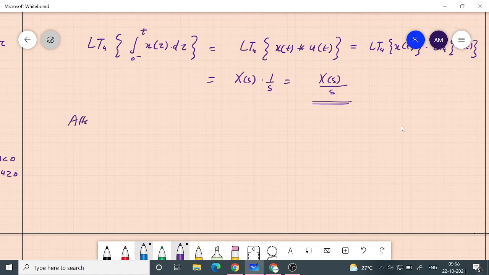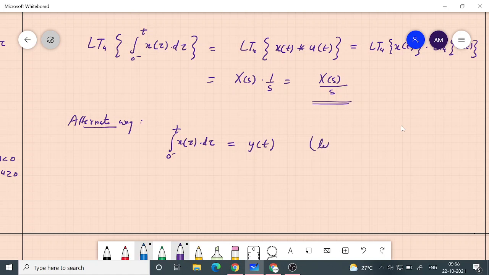Alternate way. Yesterday we had the integral from 0 minus to t of x of tau d tau. And we said that it is equal to some different function, say y of t.